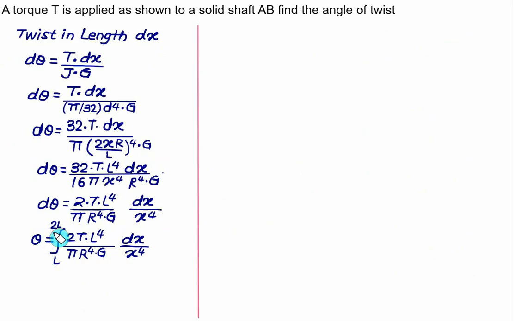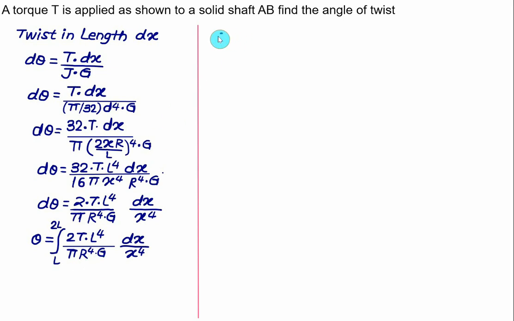So we'll continue this last equation, that is theta is equal to the integral from L to 2L of 2 into T into L to the power 4 divided by pi r to the power 4 into G, dx divided by x to the power 4. So we can take out 2 times T L to the power 4 by pi r to the power 4 G as a constant.